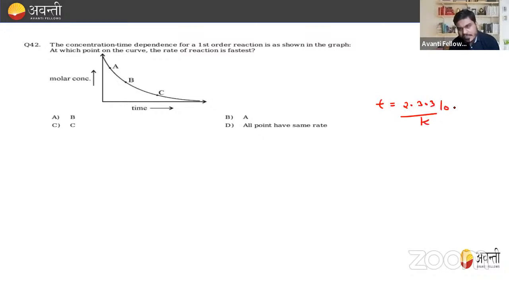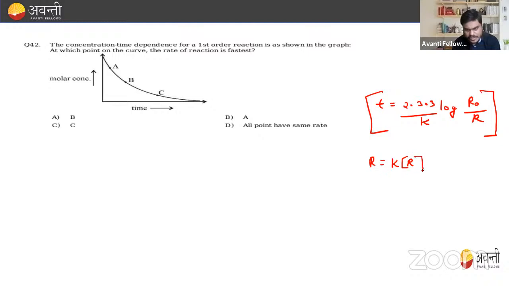2.303 upon k, log R naught upon R. So this is the integrated rate equation for the first order. Okay. Now we also know that for the first order, rate R is equal to k into the concentration, right? Rate of reaction is equal to this into my concentration.